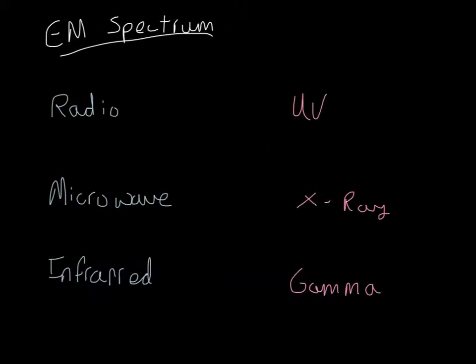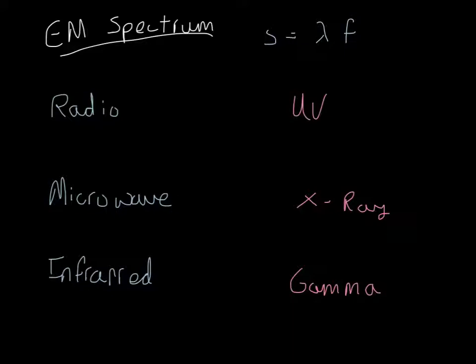Because light is a wave, we can consider different types of light waves. And this all comes off the idea that the speed of a wave, s, is equal to lambda times frequency.